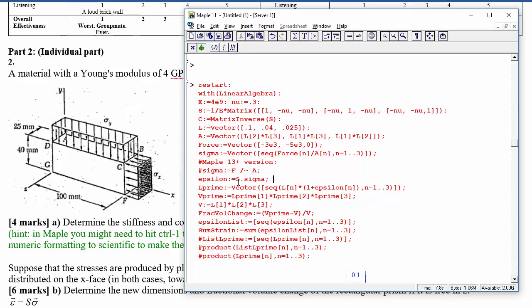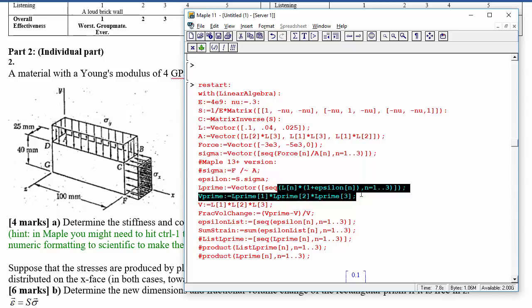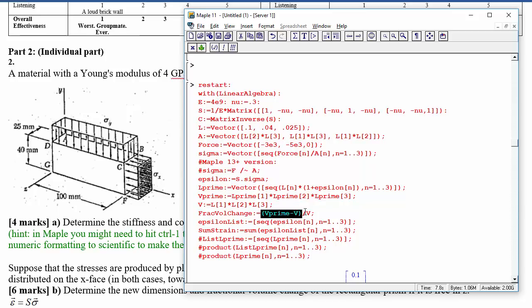Found the strain by multiplying the compliance matrix by that stress, and then got the new dimensions by multiplying the original dimension by 1 plus the strain in each dimension. Then multiplied all those new dimensions together to get the new volume, and the fractional volume change would be the new volume minus the original volume over the original volume. And that's it. Thanks for watching.